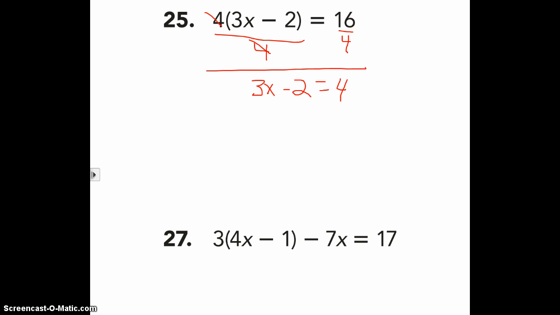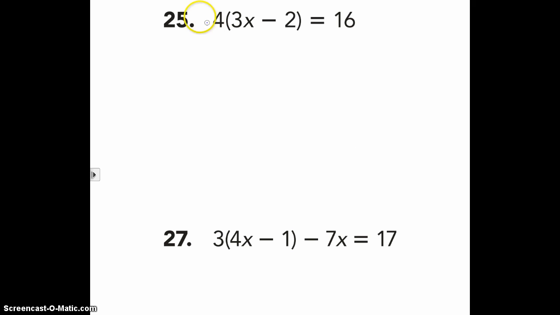Now that method does not work if you have something else over on the left side. If it was 4x plus 4 times the quantity 3x minus 2, now dividing by 4, well, let's make this a 9.